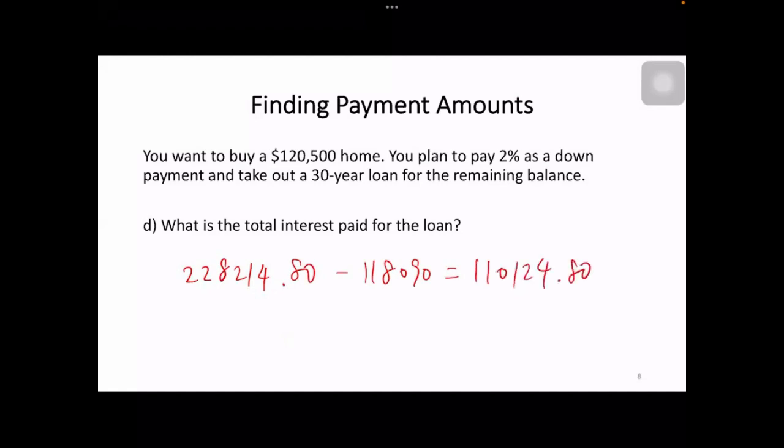Is that right? I saw several already got a correct answer. Vulture got it right, and Saladin got it right. Oh, no. Saladin, you missed a little bit. Double check. You used the wrong number.